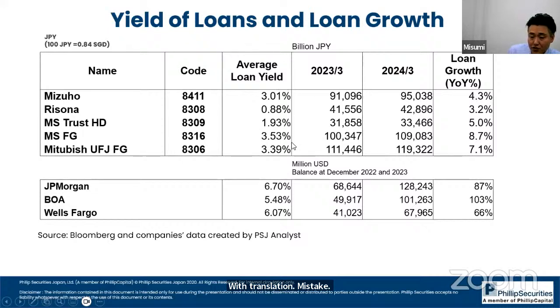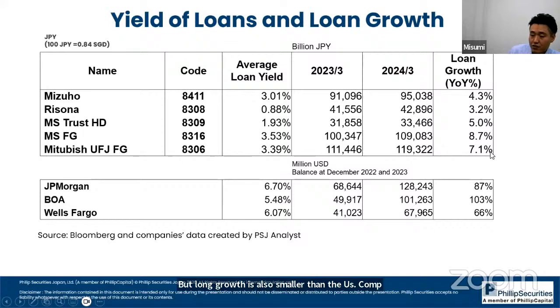So the average loan yield of these Japanese banks is 3.01% in Mizuho, and MUFG is 3.39%. But for JP Morgan and Bank of America, they are more than 6 and 5%. Loan growth is also smaller than the US comparables.